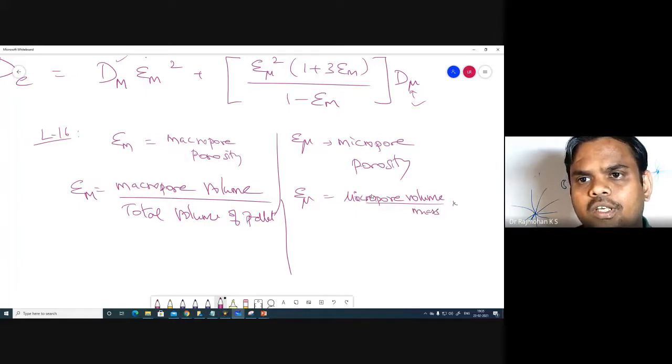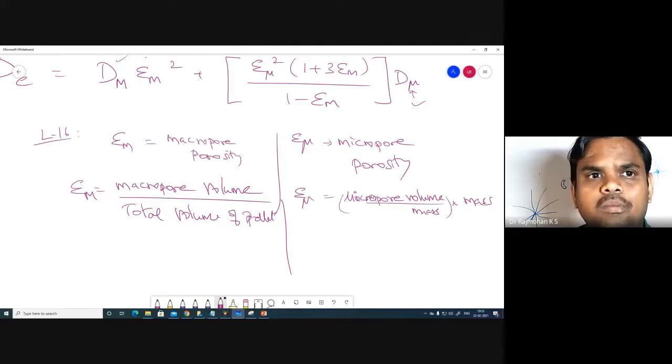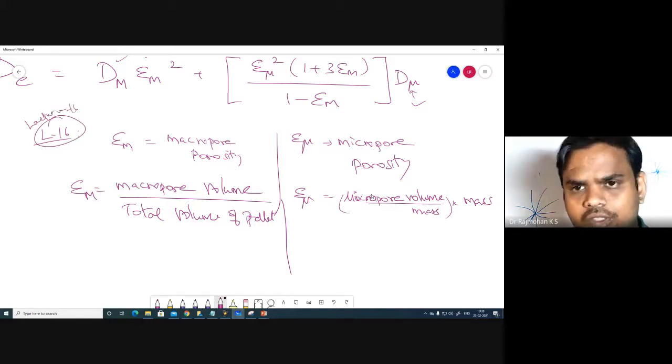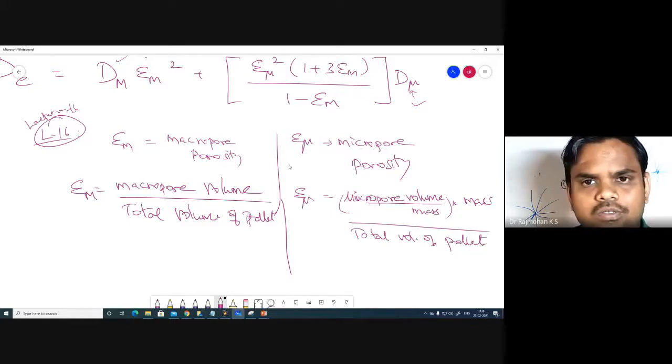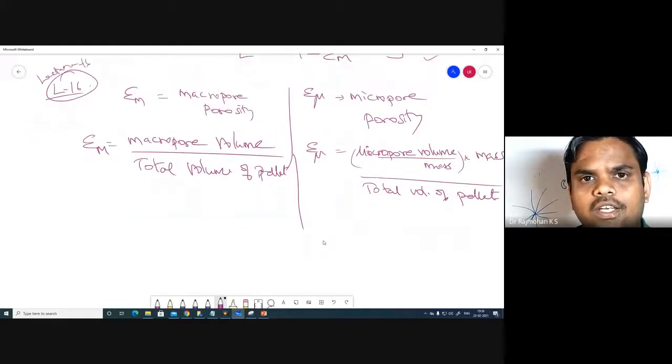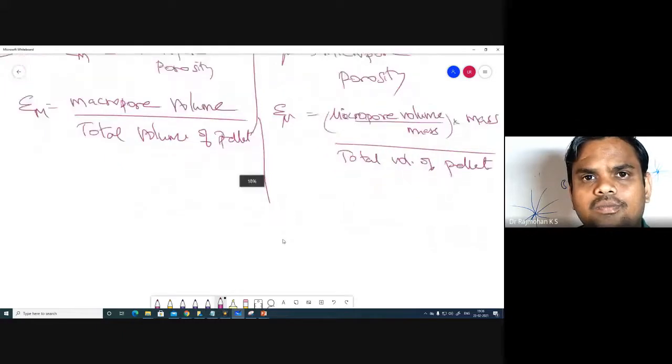We know the mass of the pellet, so we can substitute it, and divide by the same denominator, the total volume of the pellet. Please refer to lecture 16 where we have explained this. So all four values we know.